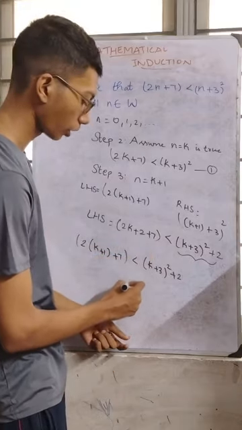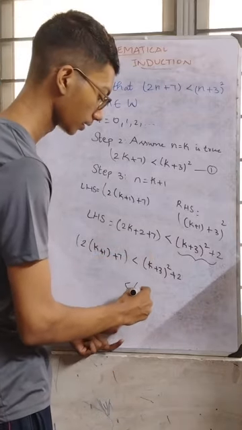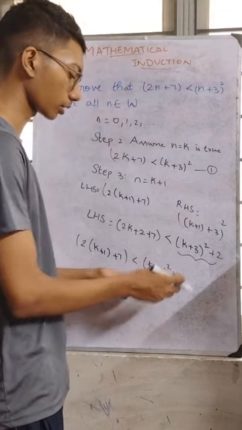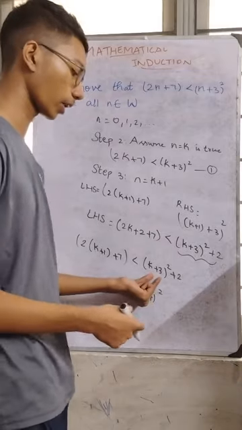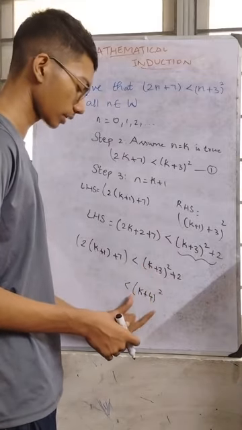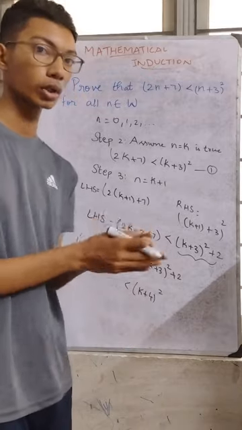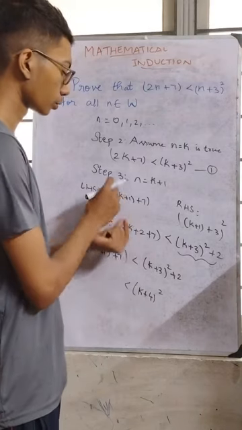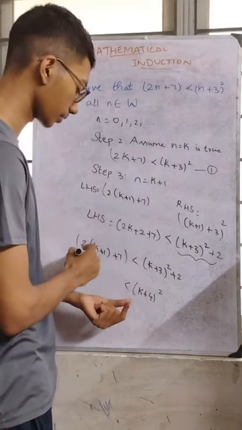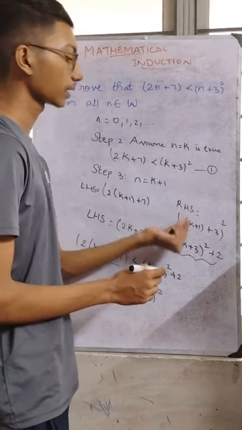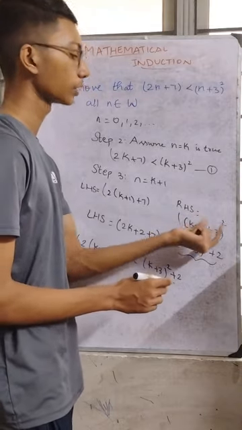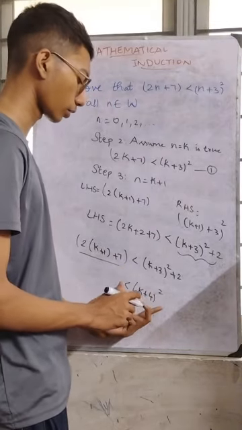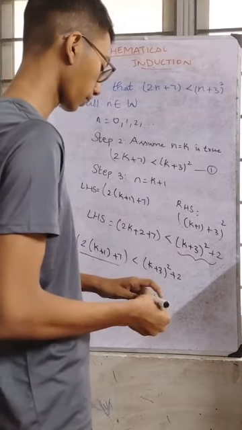We also found that this is less than (k plus 4) the whole square, using the (a plus b) whole square formula. What we have to prove is that 2(k plus 1) plus 7 is less than (k plus 4) the whole square. So we have proved it. That's all about this proof.